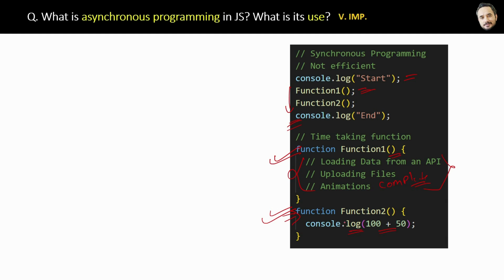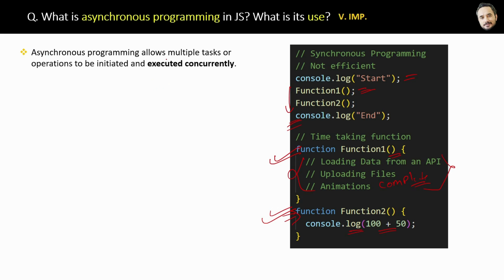Other than the non-blocking benefit, both functions together will complete in less time, right? That is asynchronous programming, and here are some points which you have to remember about it. Asynchronous programming allows multiple tasks or operations to be executed concurrently. Another very important point is asynchronous operations do not block the execution of the code.